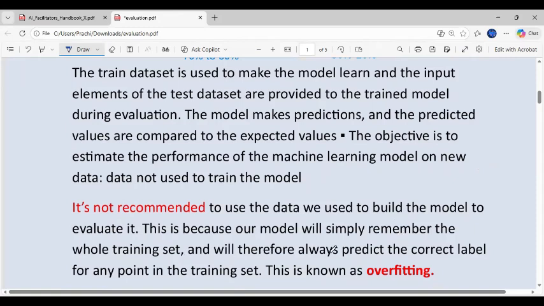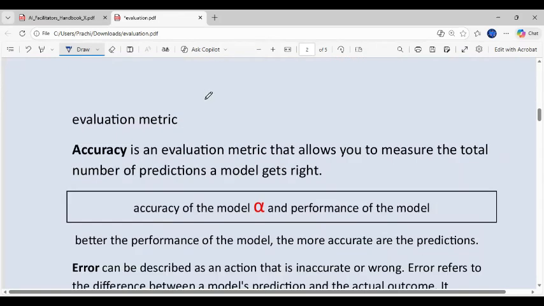And therefore, whenever you evaluate it, it always predicts the correct answer in the form of the correct label. Such a technique will always give correct outcomes, and this situation is referred to as the overfitting condition.